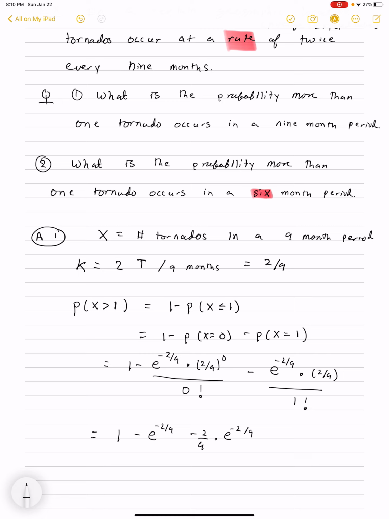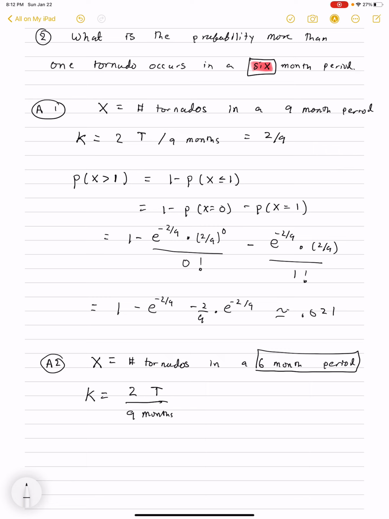And we need the parameter k to be the number of tornadoes that matches the random variable, that matches this 6-month period. But we have a slight problem. We were given k to be 2 tornadoes every 9 months. So we need to convert this not into a 9-month period, but into a 6-month period. So we have to multiply by a unitless quantity.